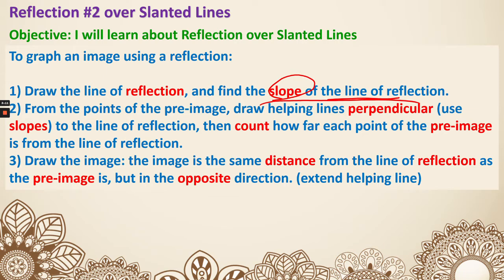Otherwise, we are going to use slopes to help us identify the perpendicular. After drawing the helping lines toward the line of reflection, we count how far each point of the pre-image is from the line of reflection. Last step, same thing, draw the image. We extend the helping line the same distance in the opposite direction to get the image.